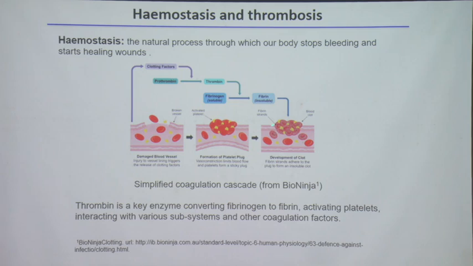The fibrin presents as fibrin strands, and they stick to the activated platelets. With the fibrin strands stuck together with activated platelets, a relatively stable blood clot is formed. This gives the tissue time to repair and wounds to heal. So this is the natural hemostasis process.